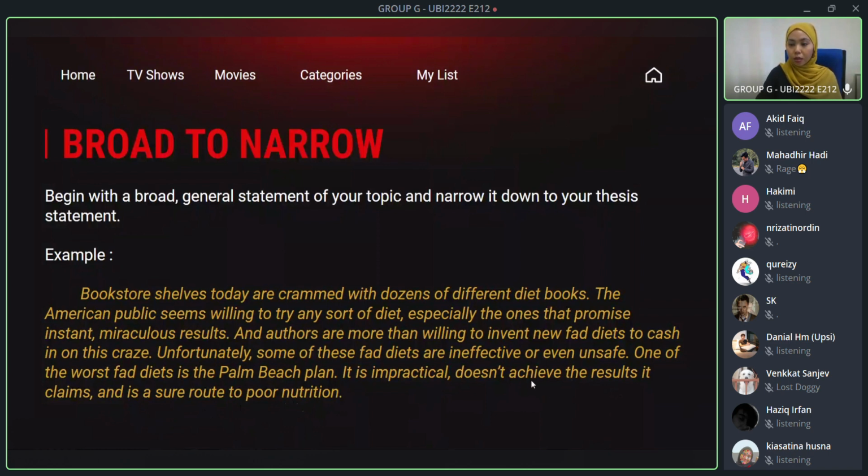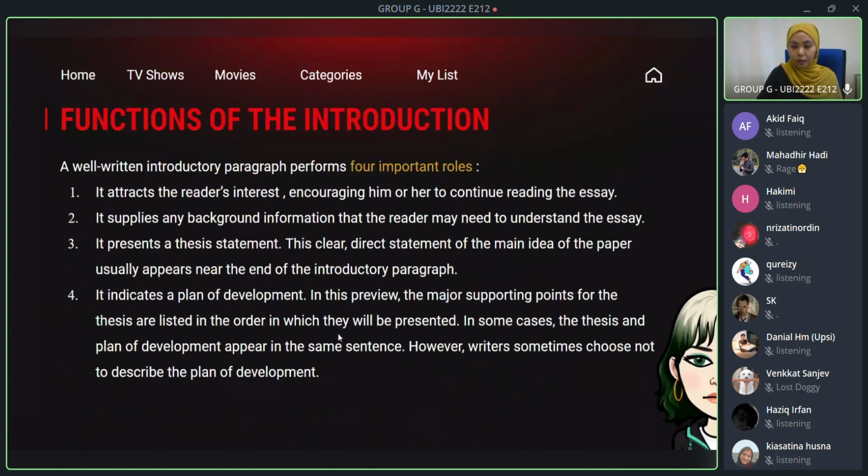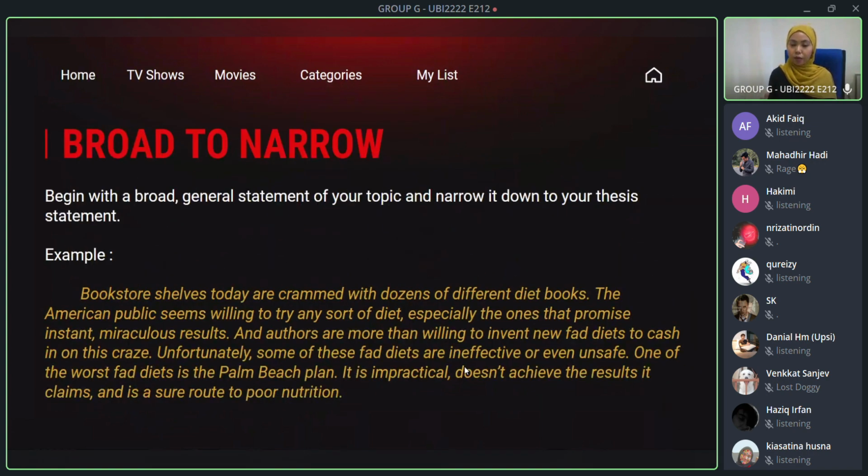So this is what it means by in the order in which they will be presented. So readers have this kind of idea that, all right, I'm going to be reading about this. Basically, the essay is very much organized. During the first paragraph itself, in the introduction, a good writer will tell the reader, this is the structure of the essay.